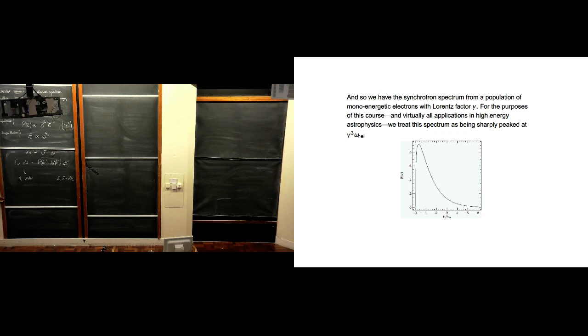So the two corresponding frequency ends of the interval contain the same amount of power as the two corresponding ends in the electron energy. Right? So this is the range of observed synchrotron frequency emission, and these are the two corresponding ends of the energy bin. So the total flux emitted has to be equal to the total flux emitted by the electrons in that corresponding range. So that's just a change of variable.